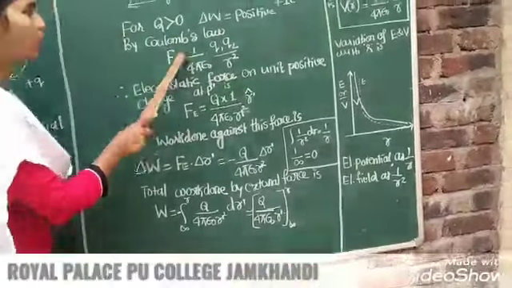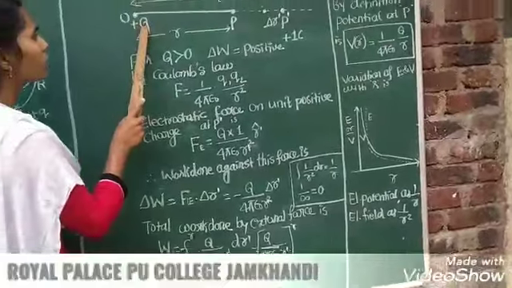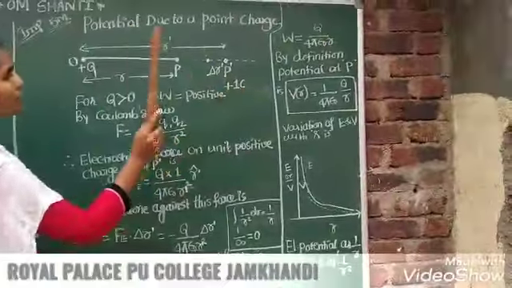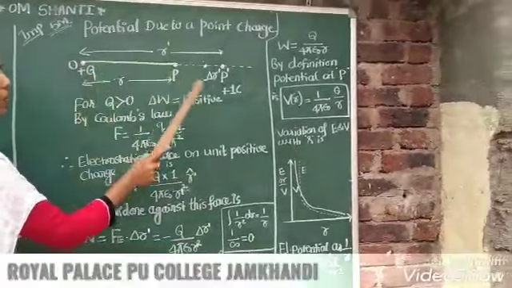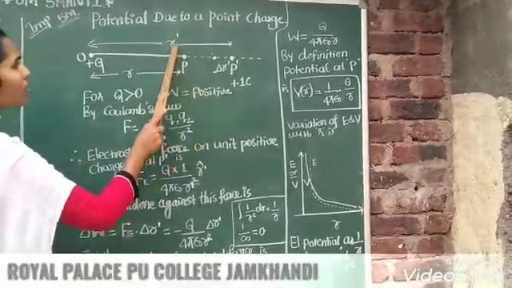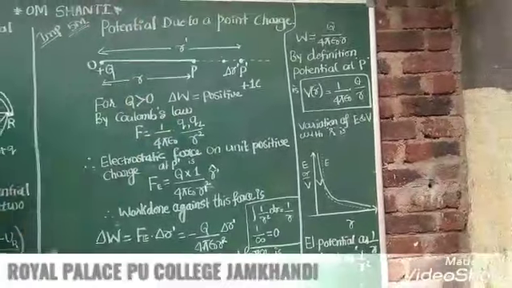So now let us apply the same formula to the charge Q and the plus 1 charge here, right? See, this is the first charge and this is the second charge and the distance between them is r dash, right?